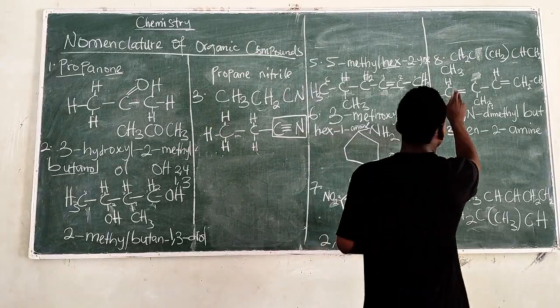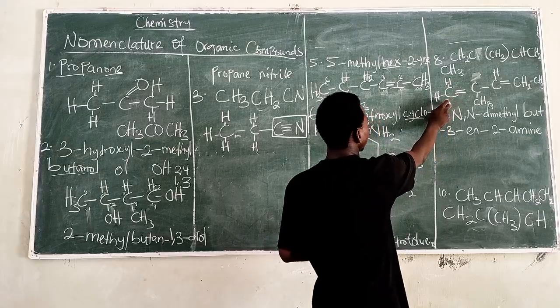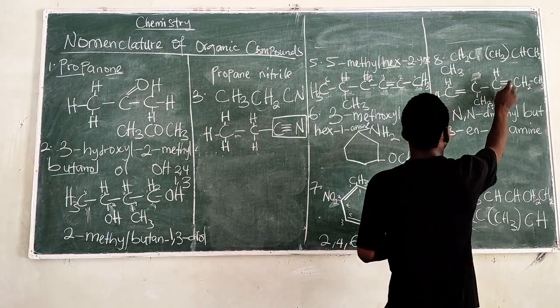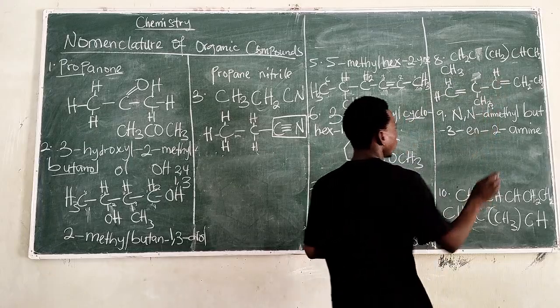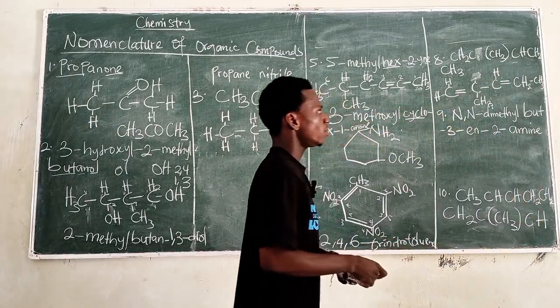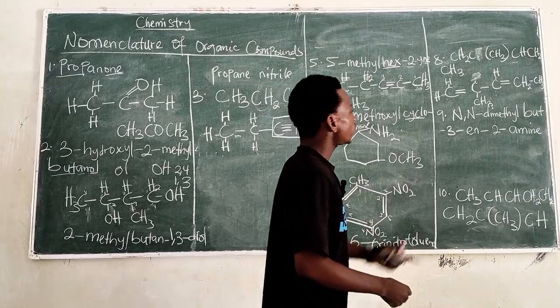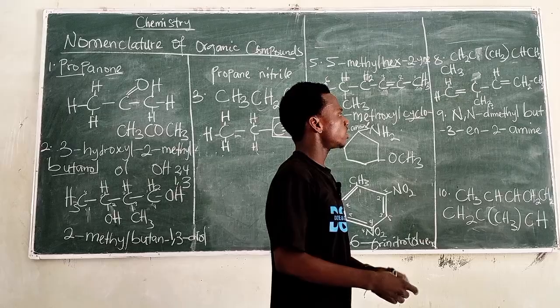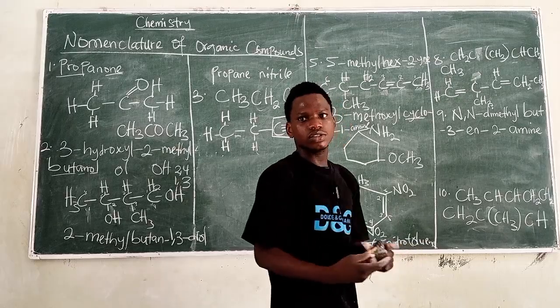So with the 4 bonds here, this carbon is complete. With the 4 bonds here, this carbon is complete. With the 4 bonds here, 1, 2, 3, and 4, this carbon is complete. Here also and here. So now you'll be able to name your structure. After you have split your condensed structure, the first thing is to identify your longest continuous carbon chain.